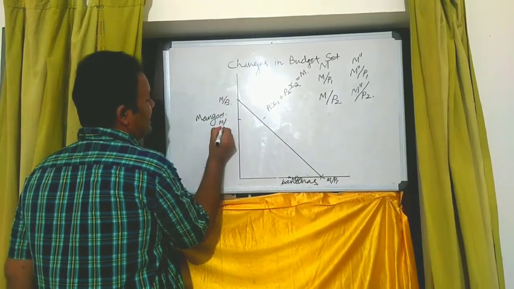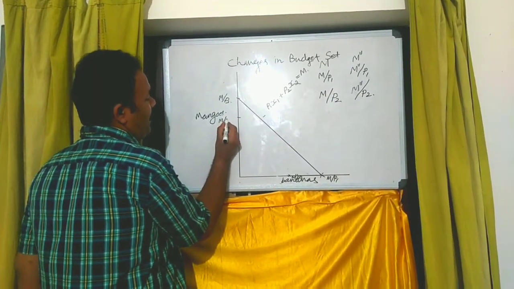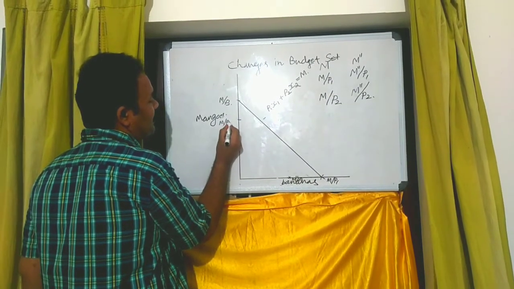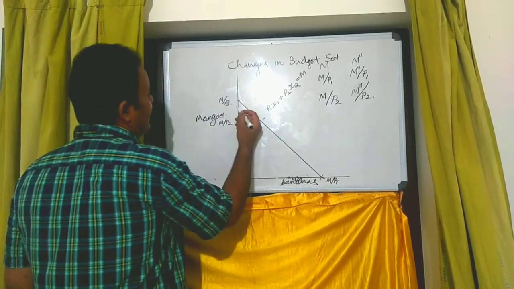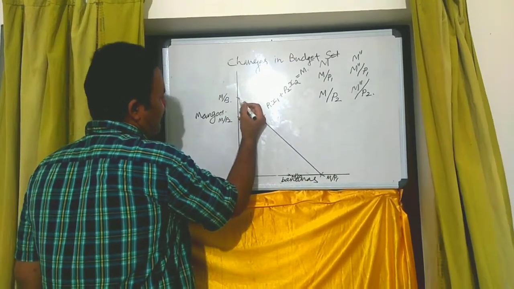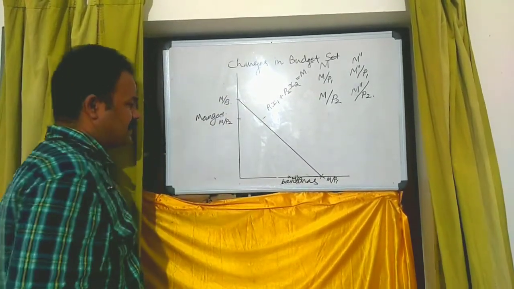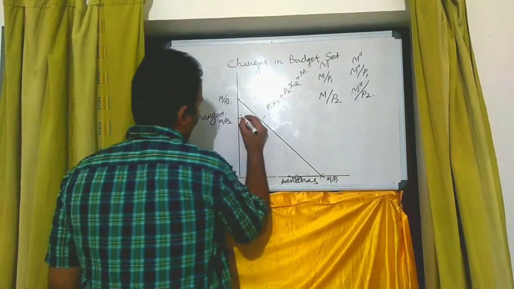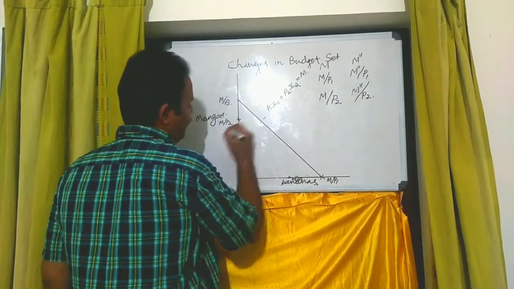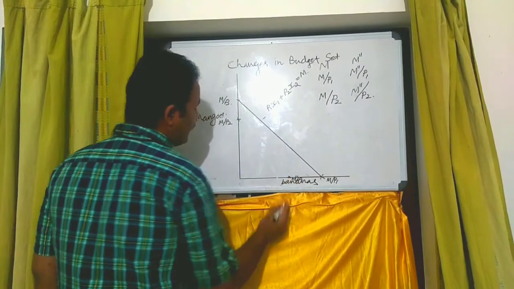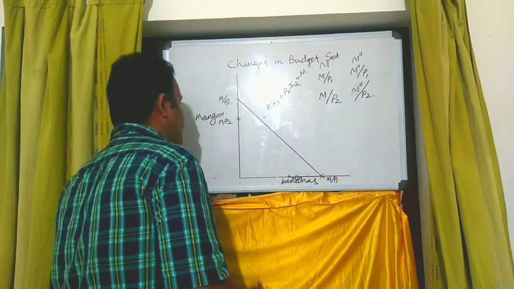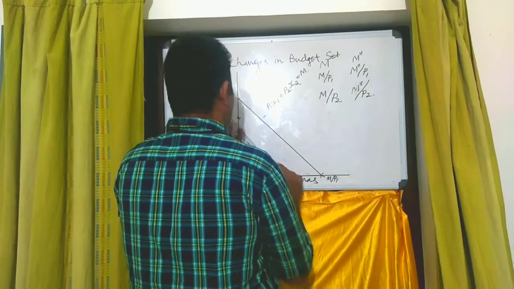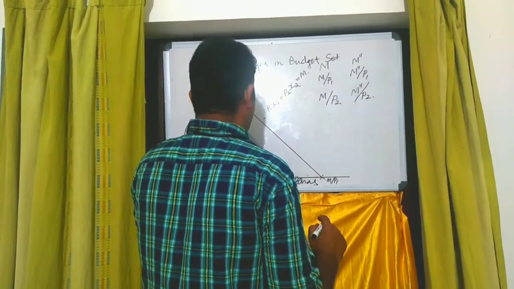There is no change in the price of mangoes, but the income of the consumer decreases. As a result, this vertical intercept will shift downwards. So we got the vertical intercept here and the horizontal intercept here. By joining these 2 points, we will get the new budget line.